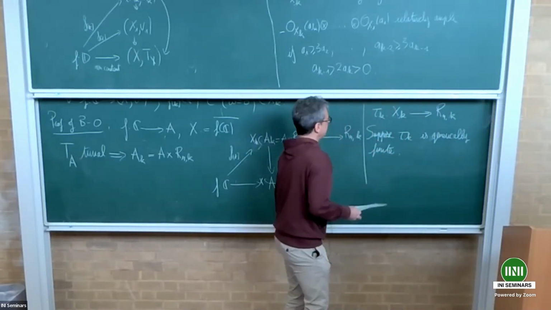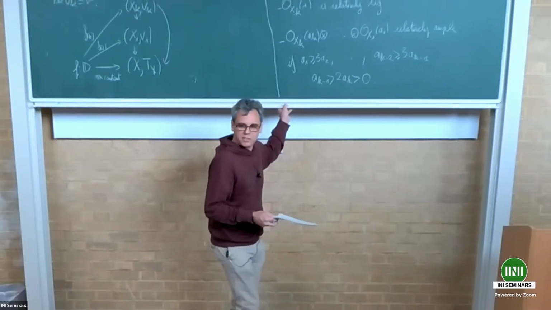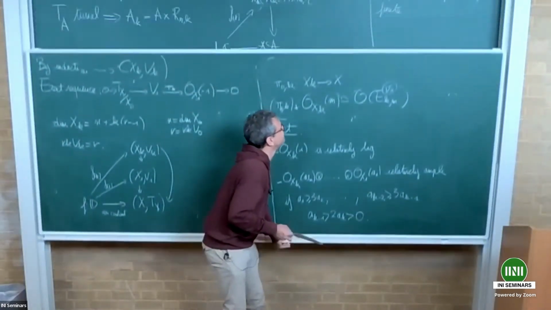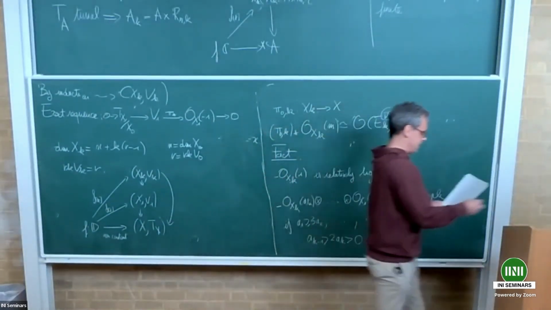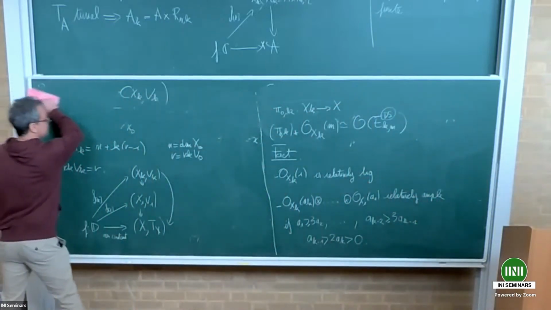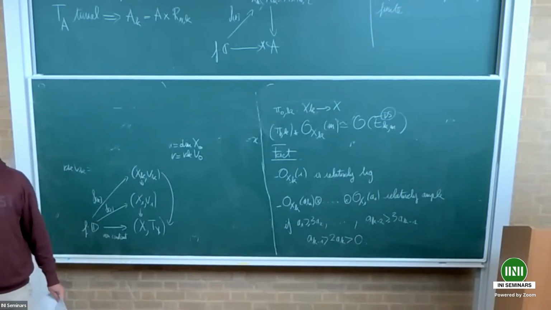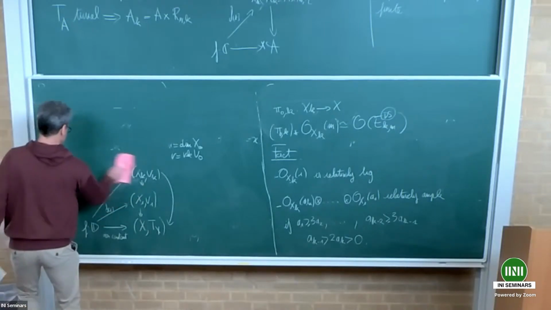Then it is very easy to deduce a contradiction, because, as I've recalled to you, the tautological bundle on R_{n,k} is big.